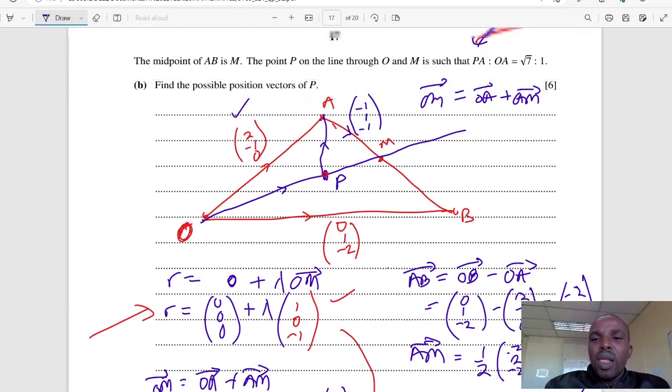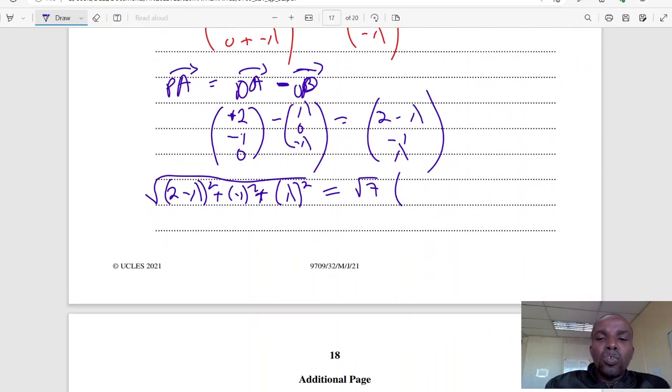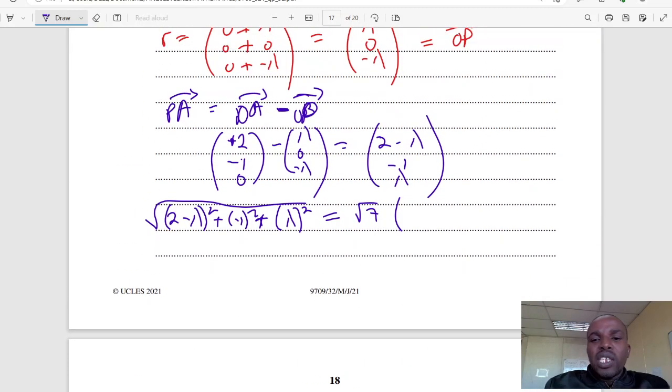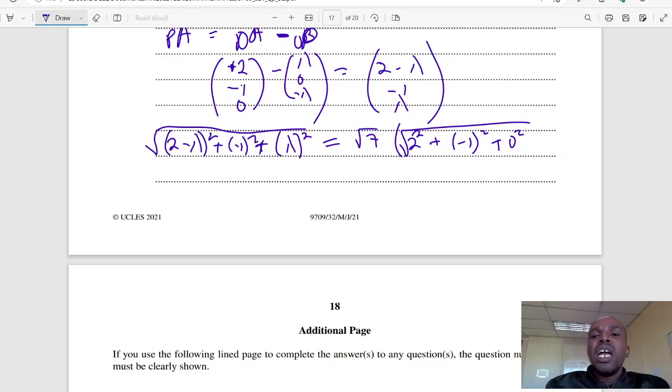Of OA. What is my OA here? OA is minus 2, 2 minus 1, 0, so 2 squared, minus 1 squared, 0 squared. Then I simplify and find my lambda, and I will substitute in OP. I can just remove the square root.